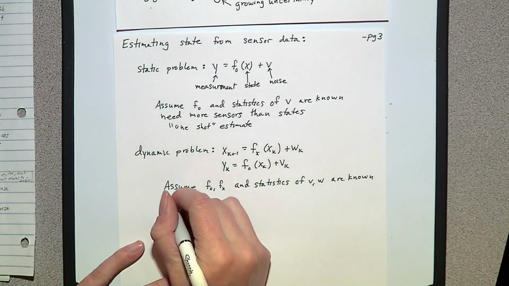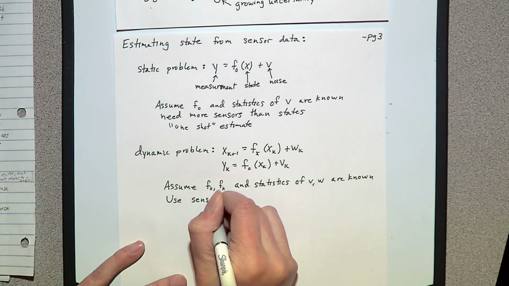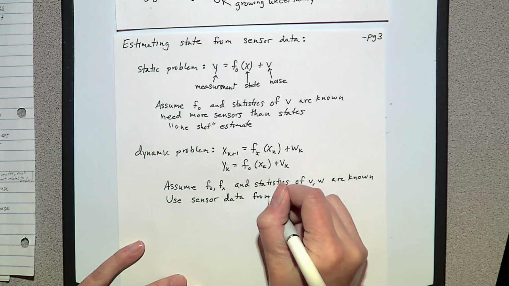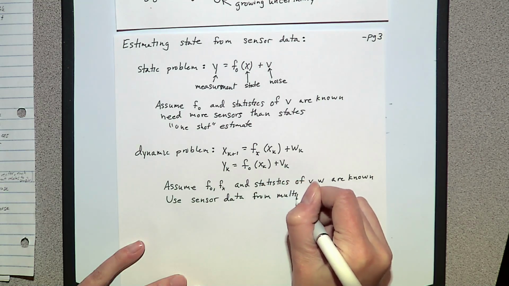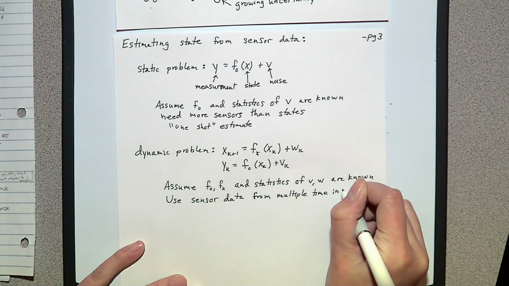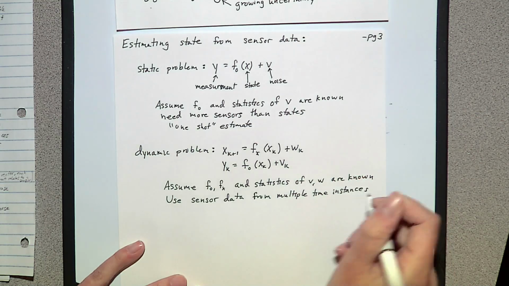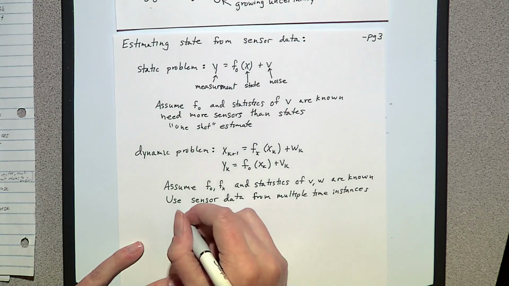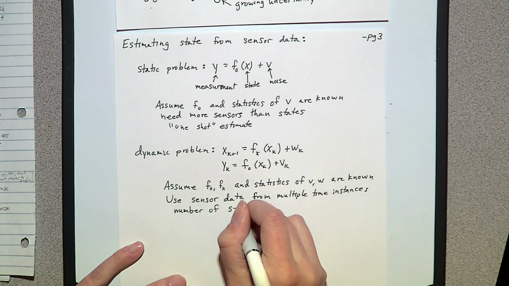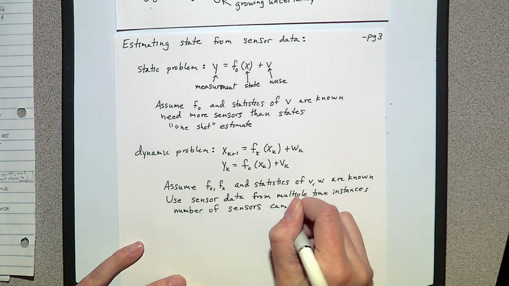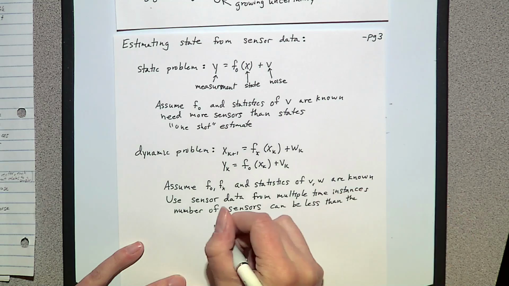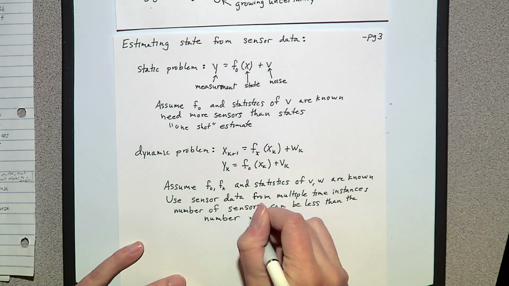Then what we can do in this case is we use sensor data from multiple time instances. And since we're using multiple instances of time to do our state estimate, then the number of sensors may be less than the number of states.